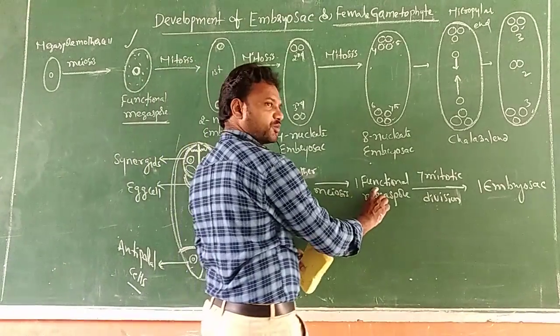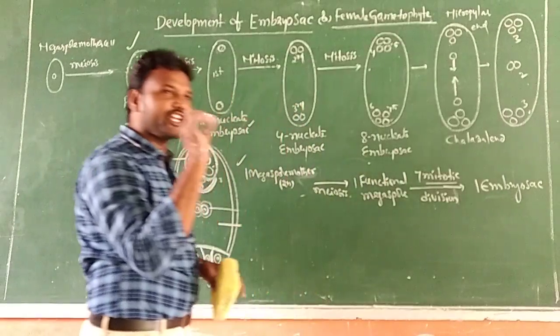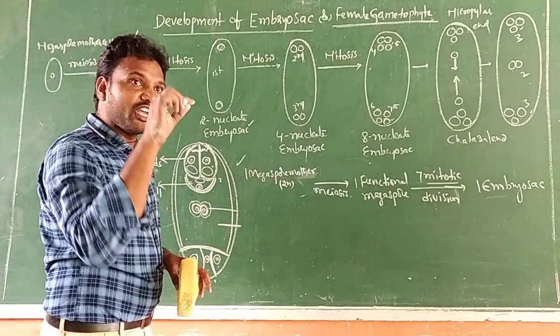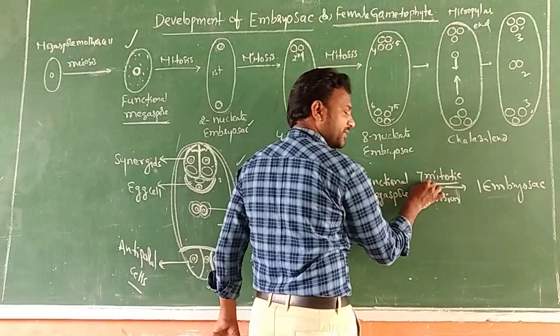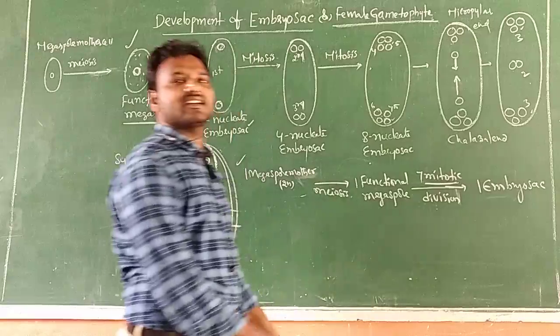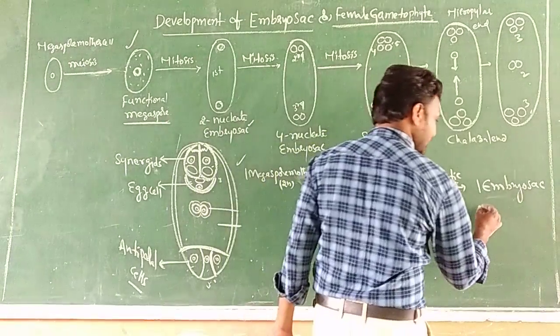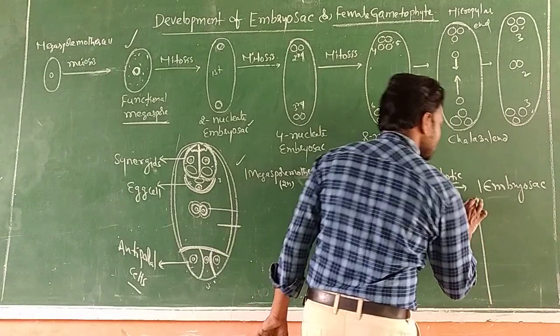The functional megaspore undergoes continuous, how many? 7 mitotic divisions, 3 mitotic generations. So 7 mitotic divisions and formation of 1 embryo sac. 1 embryo sac.